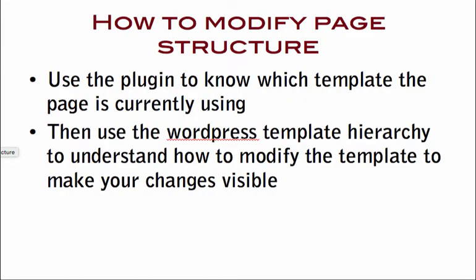For example, if we wanted to remove the title from the home page, or if we wanted to remove the sidebar from home and contact and about. And we're going to be using our plugin to know which template the page that we want to modify is currently using. And then we're going to use the WordPress template hierarchy to understand how to modify the template to make those changes visible.